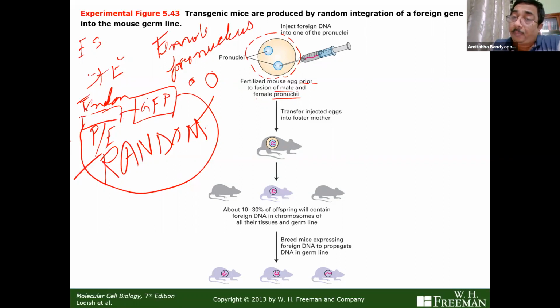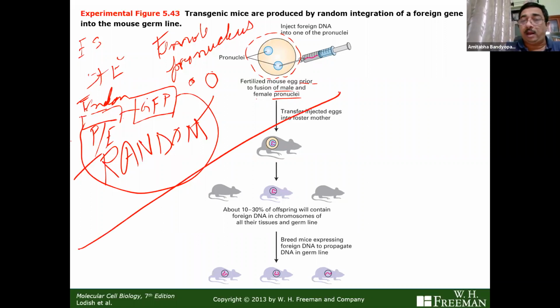Now, the problem that happens because of this: say this is a very large chromosome, and here the natural chromosome has a very strong promoter enhancer, and accidentally your construct got inserted right over here. Then this promoter enhancer can overcome the influence of your promoter enhancer and express the gene wherever it directs.